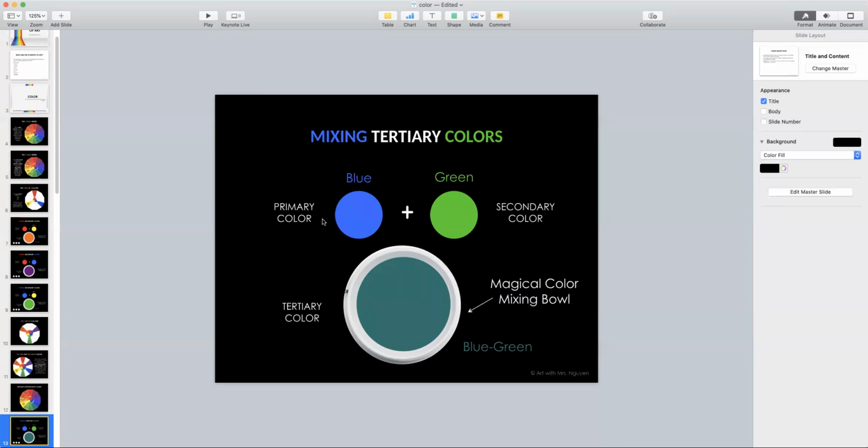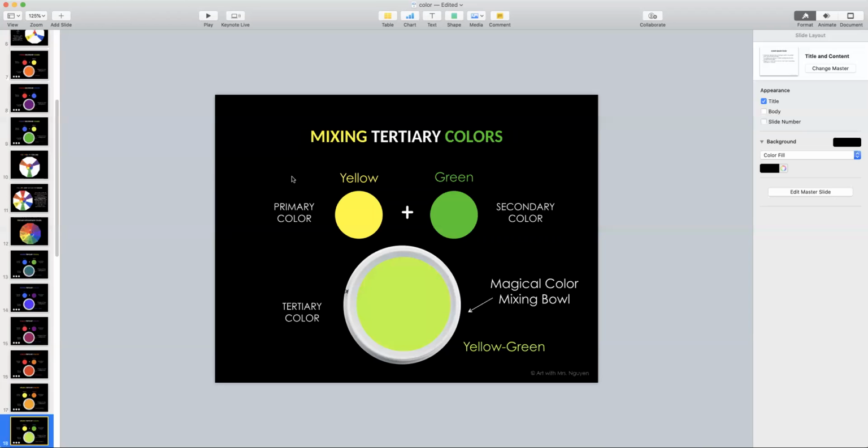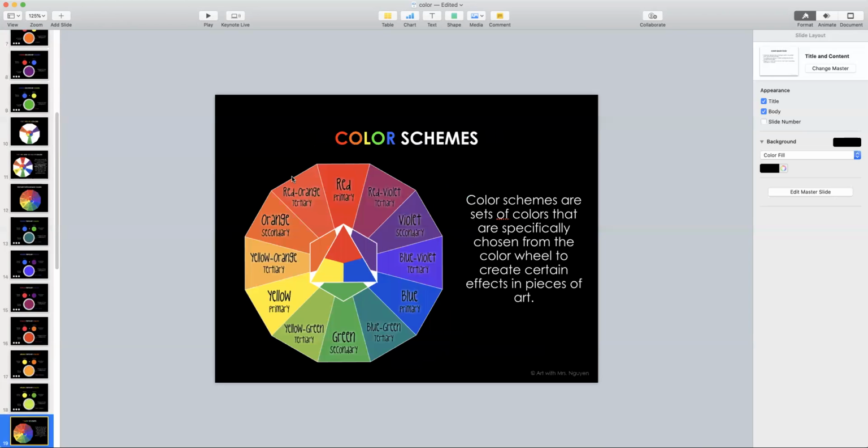And when you mix a main primary color with one of the secondary colors, you get what's called a tertiary color. It's kind of a weird word to say. It doesn't really roll off the tongue. So here's some examples of tertiary colors. Okay, so those are the main colors on the wheel.